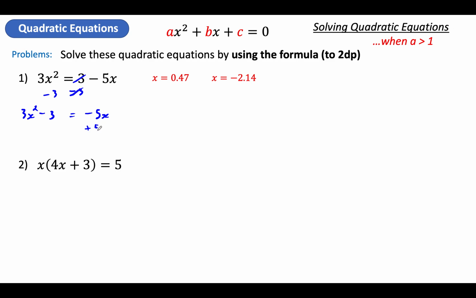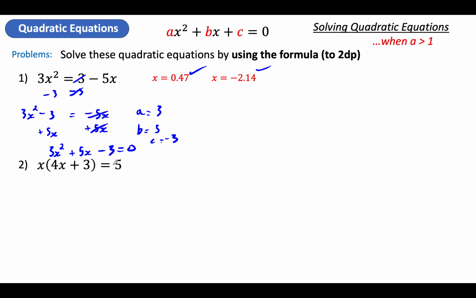And then if you add 5x to both sides, that will cancel out there, and you're left with 3x squared plus 5x minus 3 equals 0, because they must equal 0 for you to be able to do it. Now remember, in this case, A has the value of 3, B has the value of 5, and C has the value of negative 3, and then you get these 2 answers there, that one and that one.